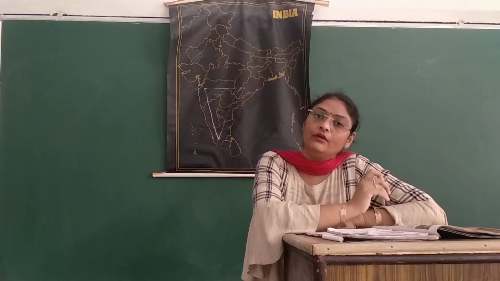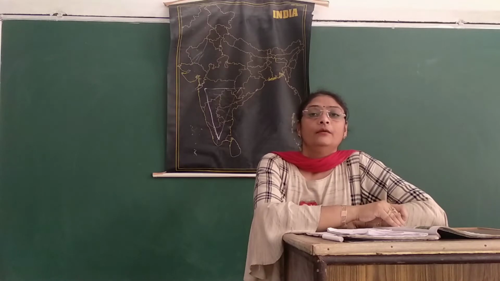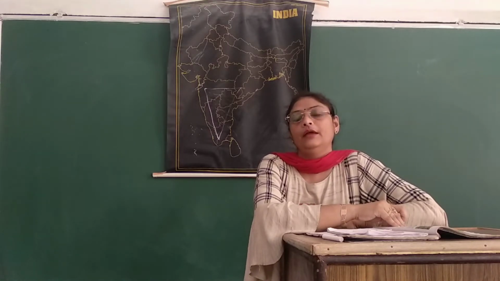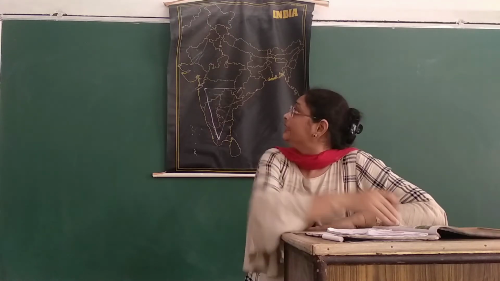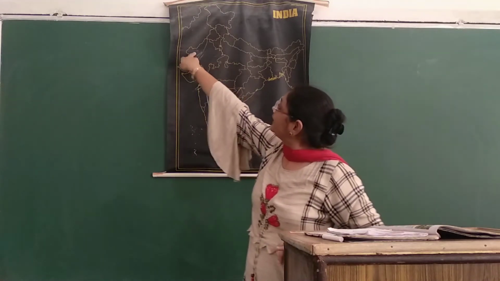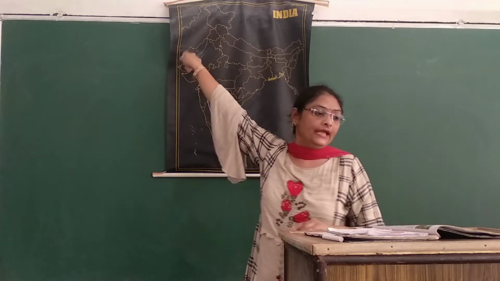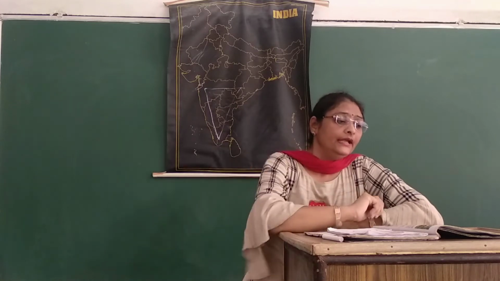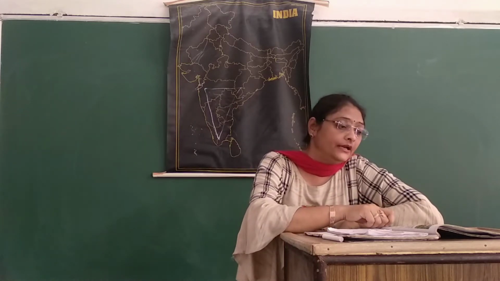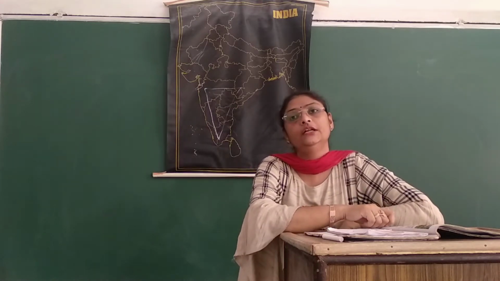It means the annual rainfall is below 150 mm. It means there is very low rainfall in this area, and it has arid climate with low vegetation cover.